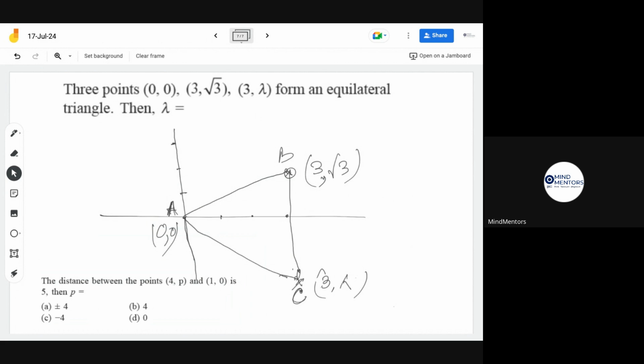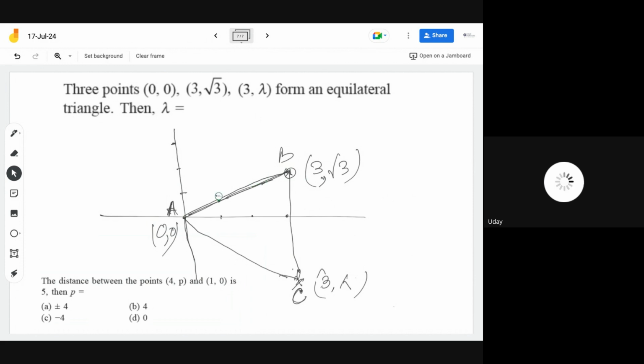Does it click to somebody? How would you solve these two problems using the distance formula? What do you think? What should I do?